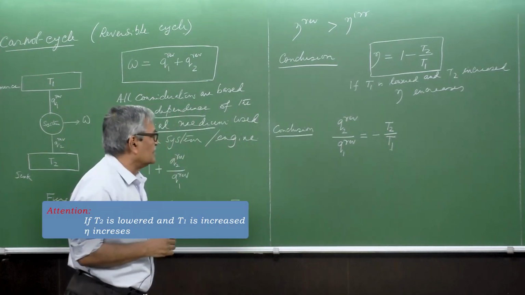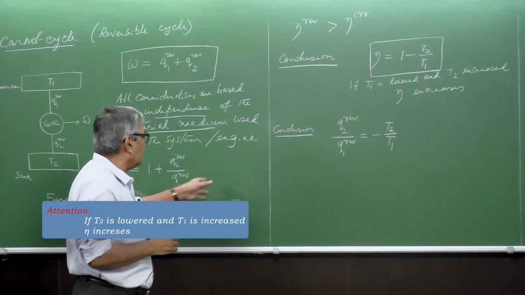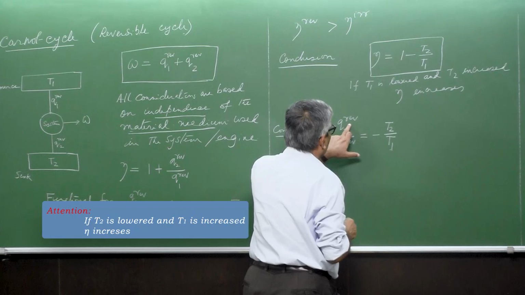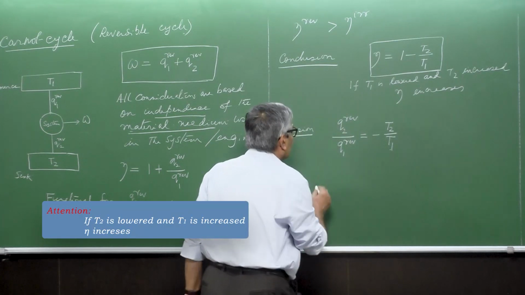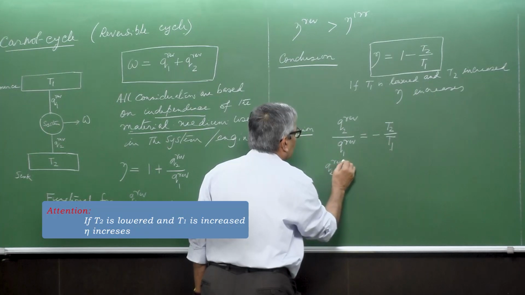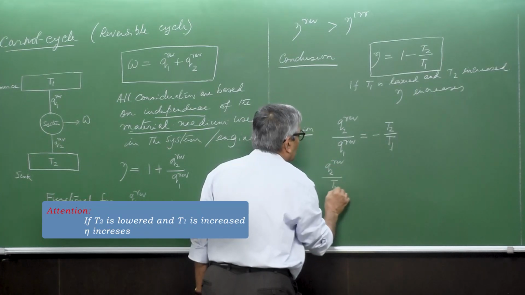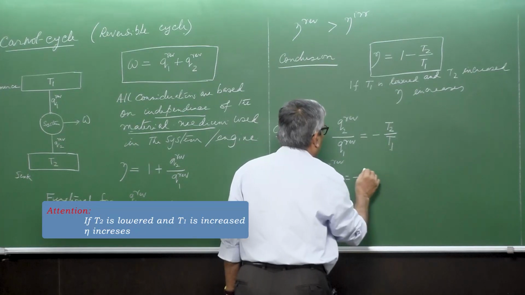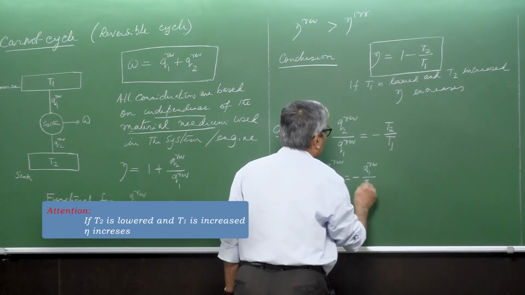This is the functional relation that we derived, and the reversible condition must be maintained. I slightly rearrange it: Q2 reversible by T2 equals minus Q1 reversible by T1.